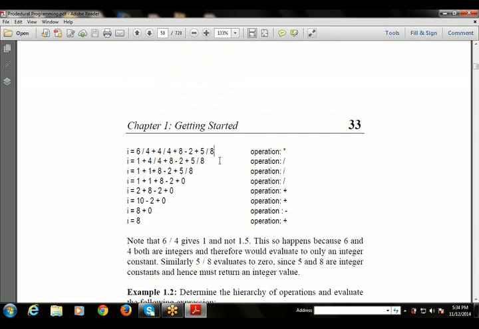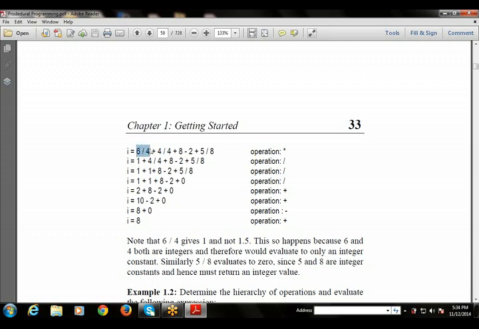Then the next priorities are division and modulus, but in this example there is no modulus operator. So use the division next. First of all, 6 divided by 4 is 1, plus 4 divided by 4.